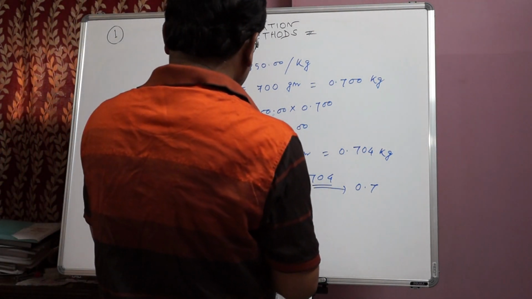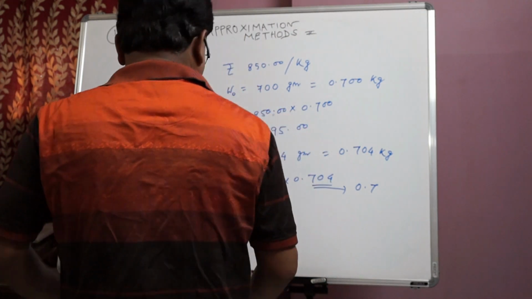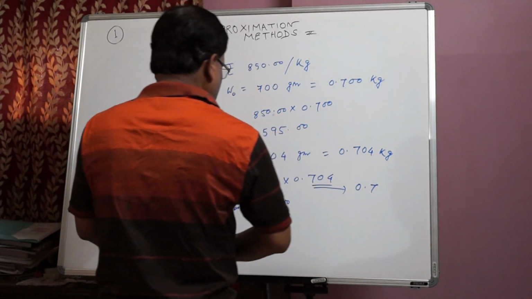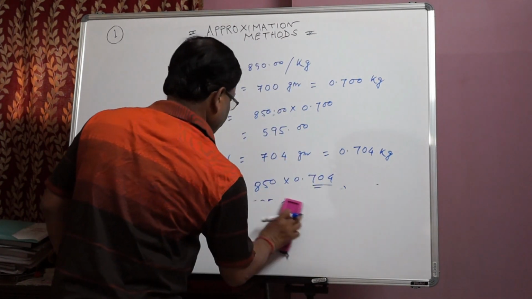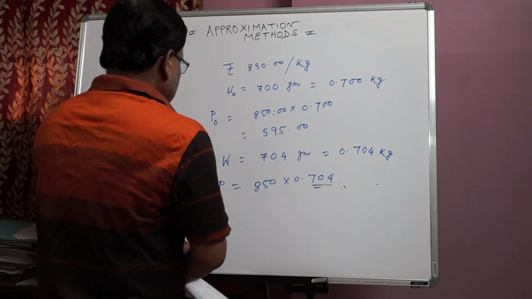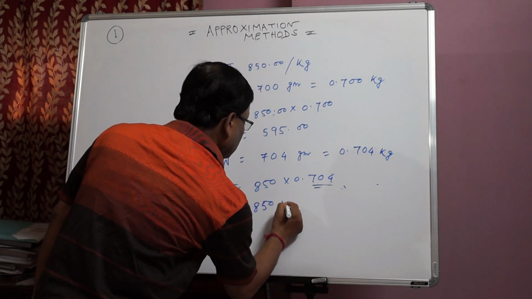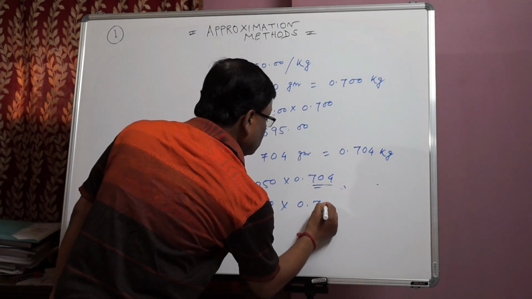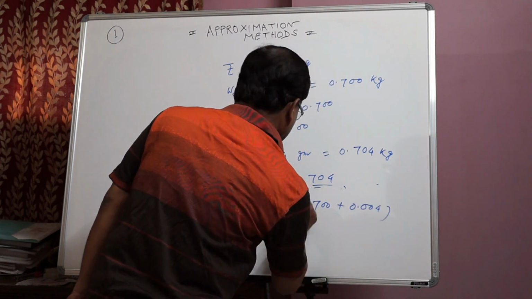To be more specific, I write this as 850 into 0.700 plus 0.004.